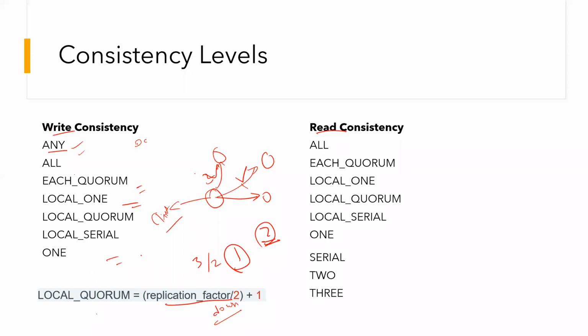So the serial consistency is something where you want the request to be executed only in a specific order. Like after writing to one node, you go to the next one and then write, and then go to the next one.